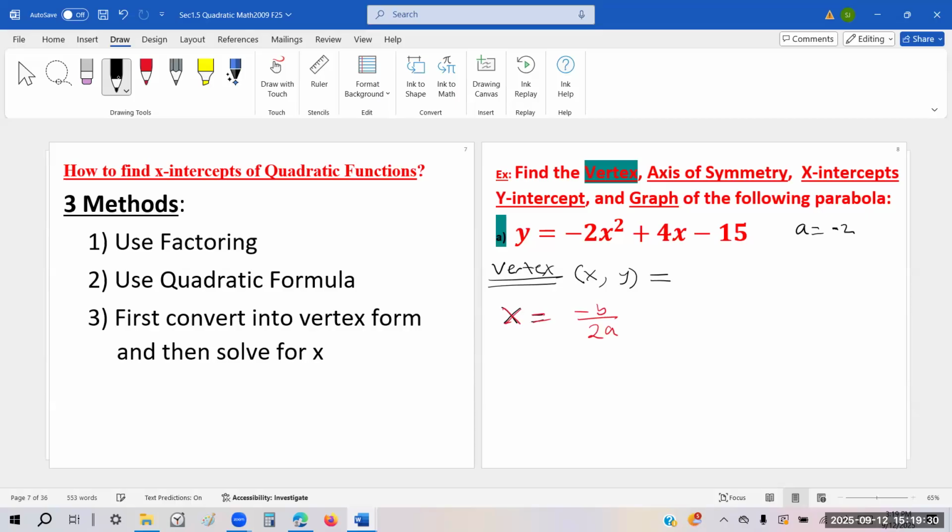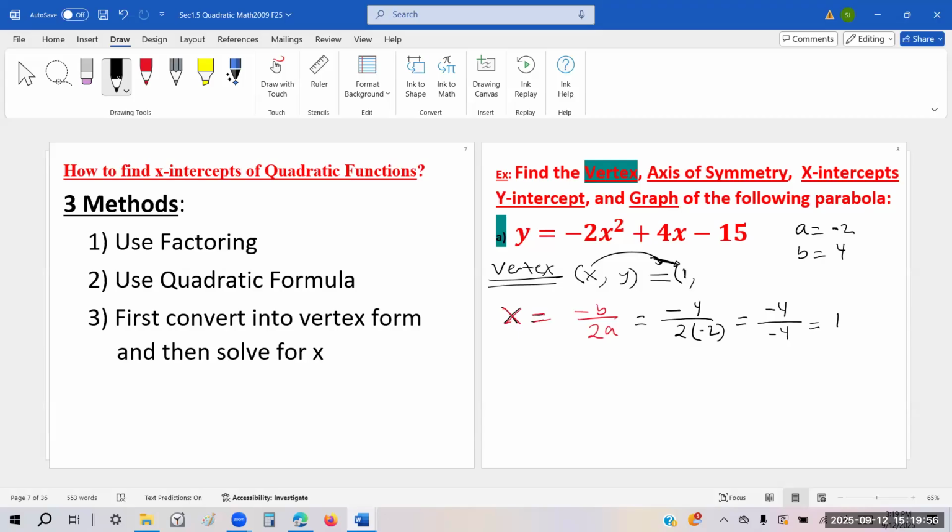Negative 2. What is our b? 4. So we have negative 4 over 2 times negative 2, which is negative 4 over negative 4, so 1. So this x value here is 1.